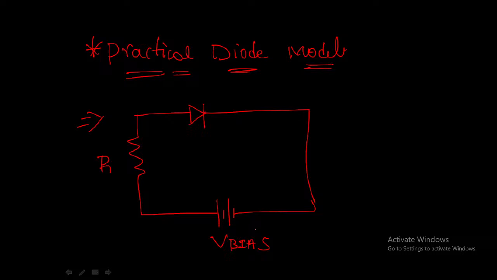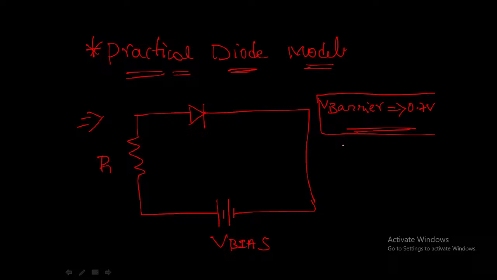Now, what is the barrier potential? V barrier here is equal to 0.7 volts, which is nothing but the forward voltage Vf, equal to 0.7 volts.